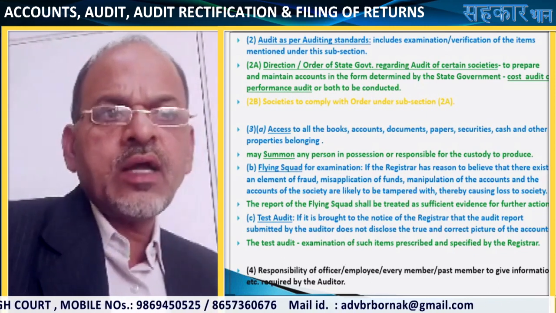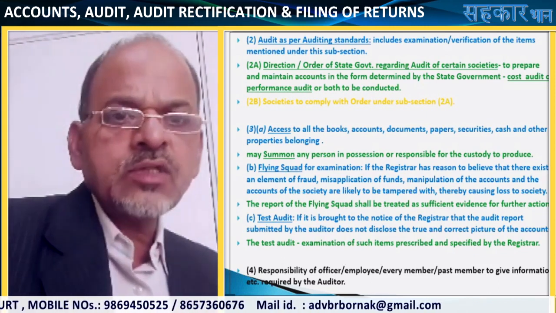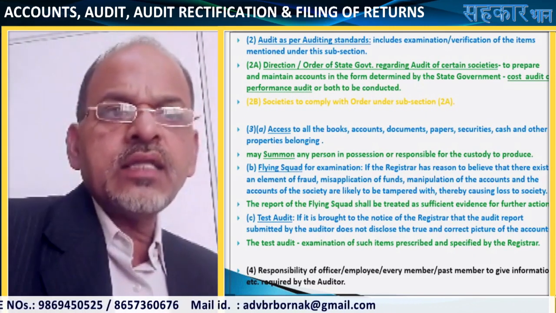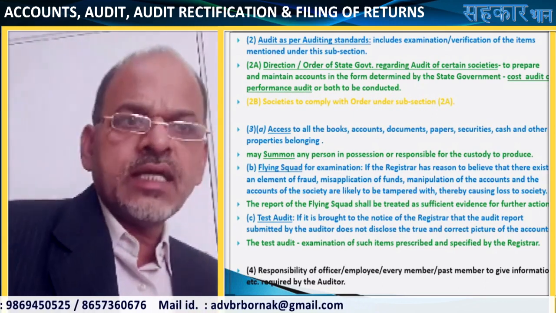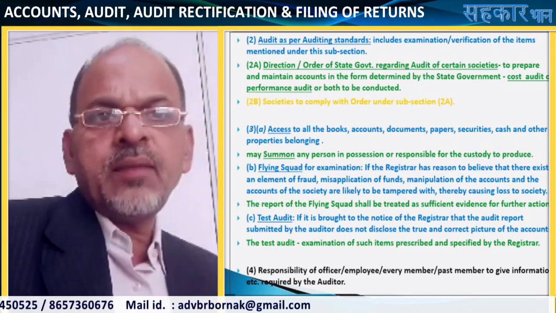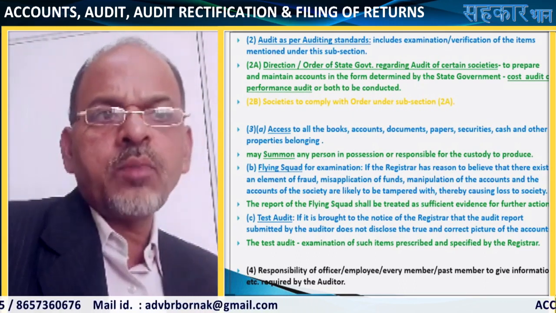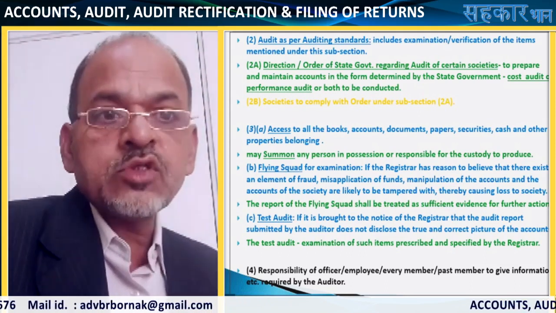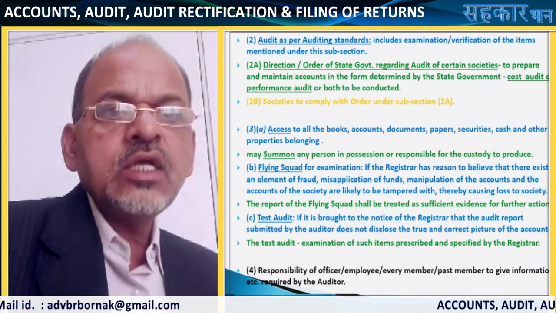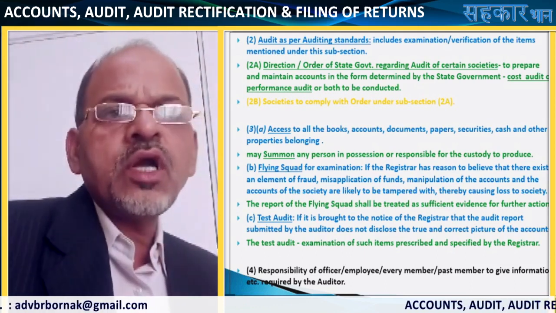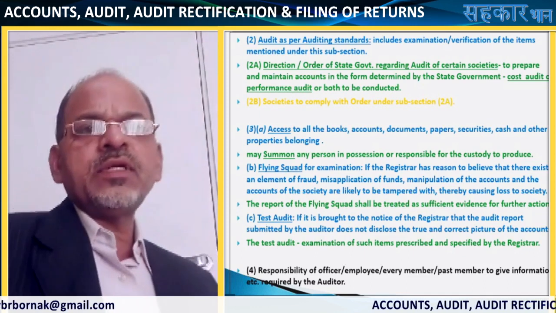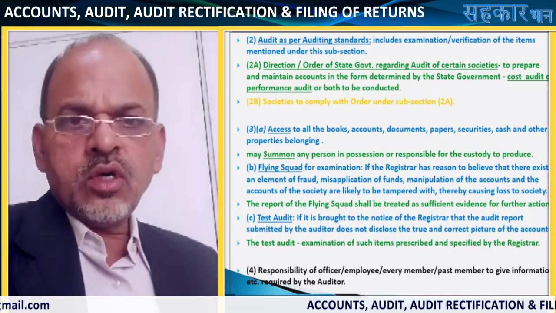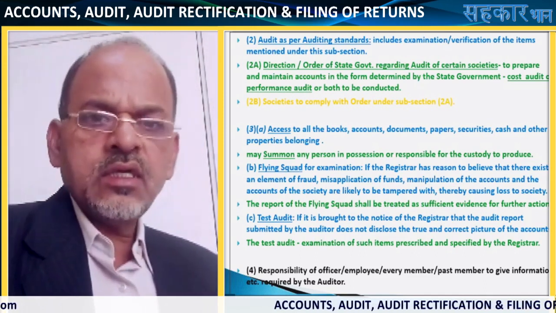See, for certain societies, separate directions and orders can be given by the registrar or by the state government, such as to prepare and maintain accounts in the form determined by the state government, to carry out cost audit or performance audit or both, etc. So if these are applicable, cost audit, performance audit, and there are specific directions or orders of state government, then accordingly that society will have to comply with all these requirements for auditing purpose.